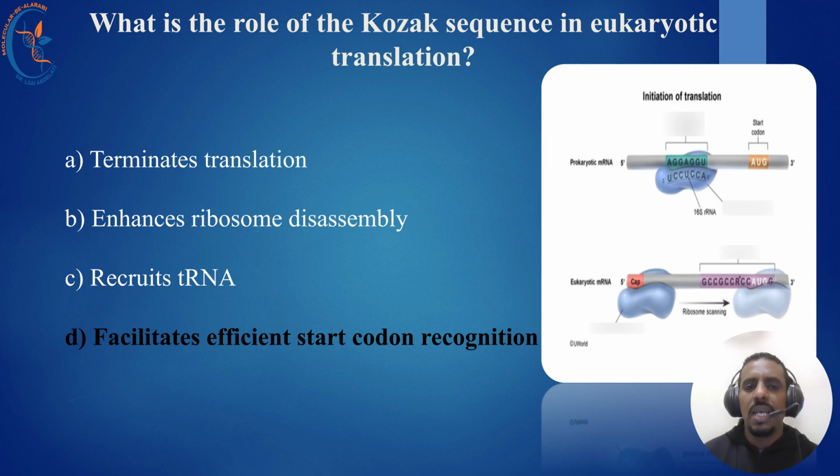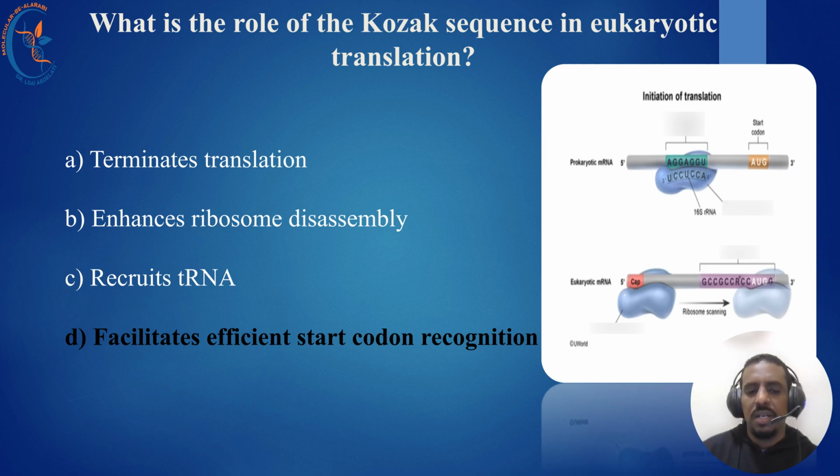This sequence helps the ribosome find the right starting point for translation. It is like a special signal on the messenger RNA that guides the ribosome to begin building the protein accurately and efficiently. So the role of the Kozak sequence in eukaryotic translation is to facilitate efficient start codon recognition.